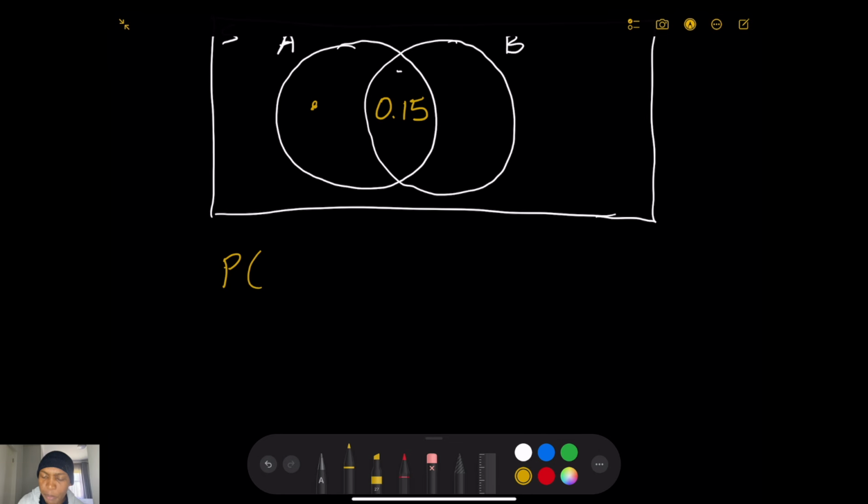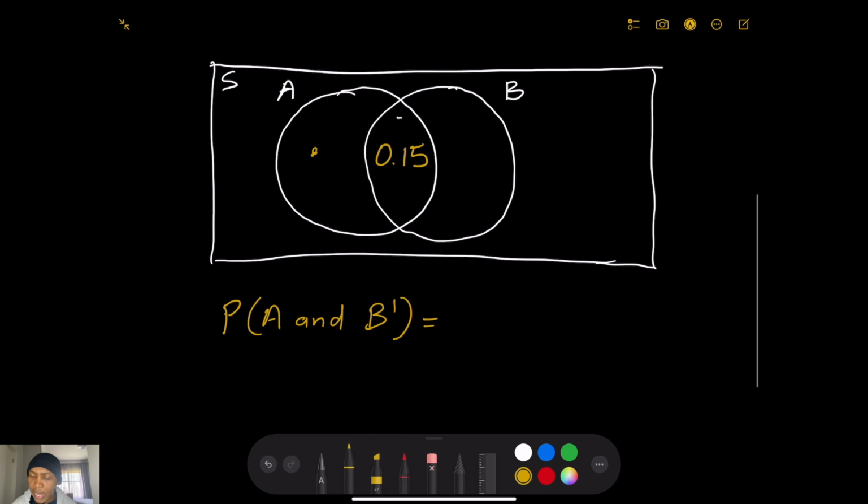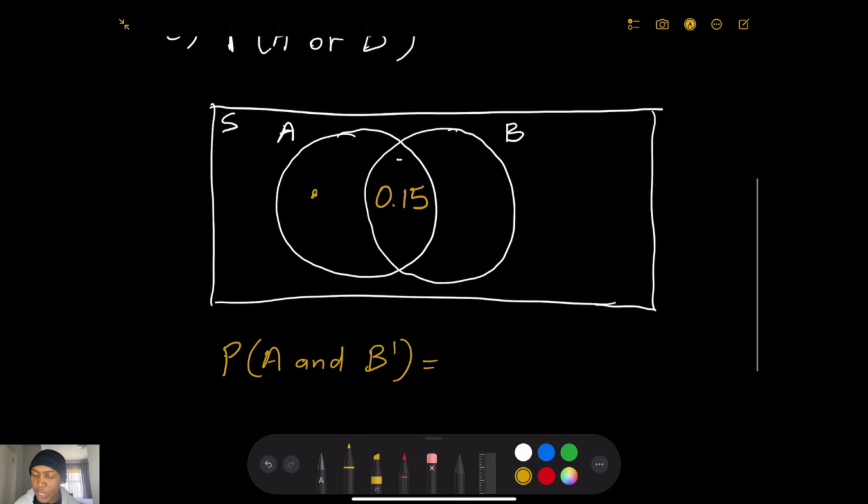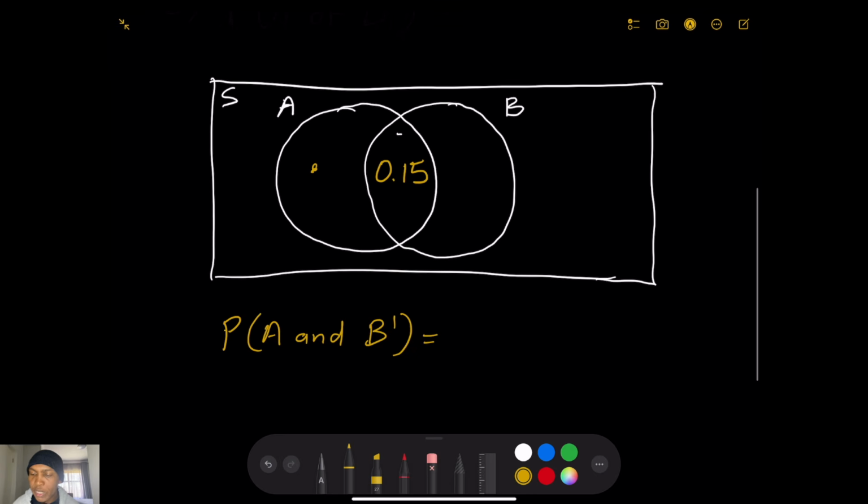If I were to take the probability of what is in A and what is not in B, that would simply be the probability of A, which is 0.25, subtract the probability of A and B. So I would simply have 0.25 minus 0.15, and that would give me just 0.1.